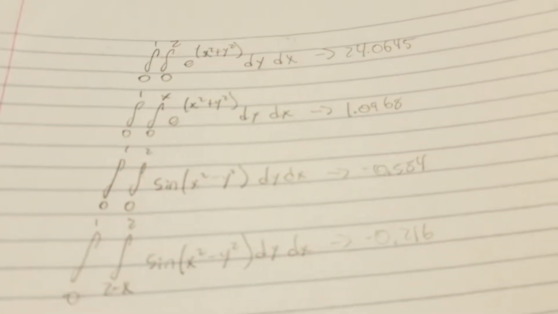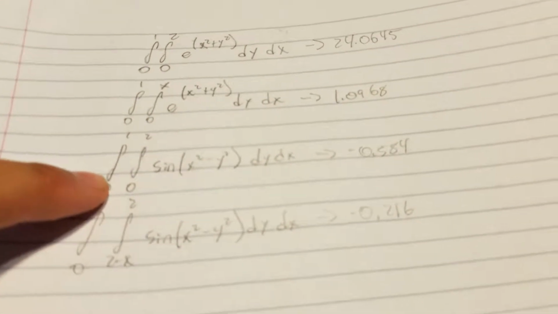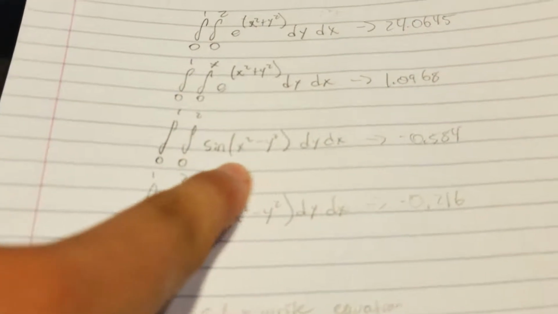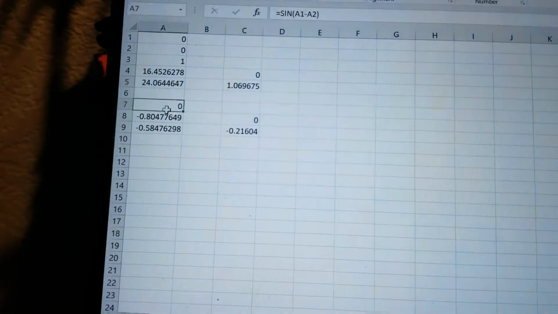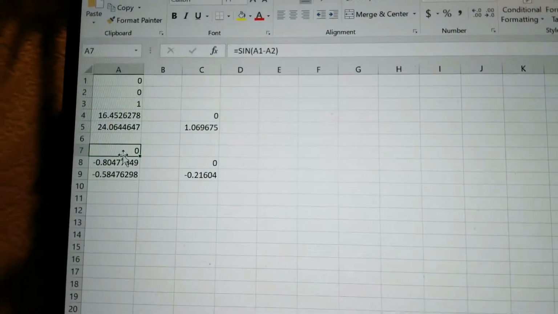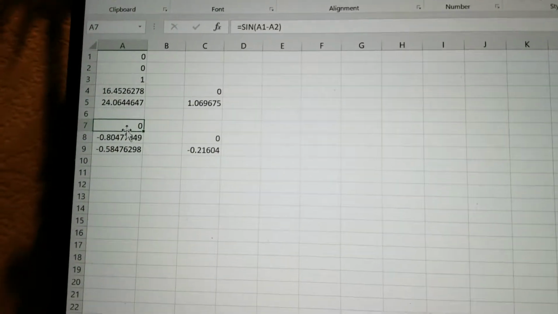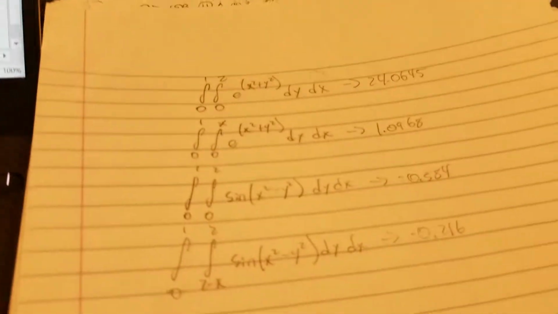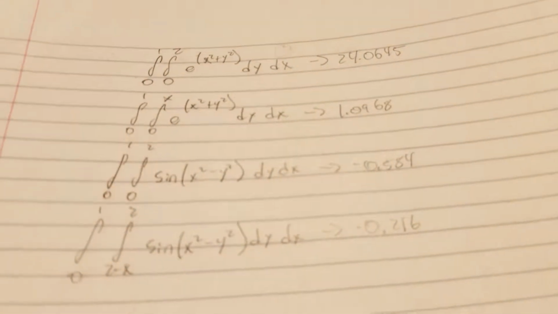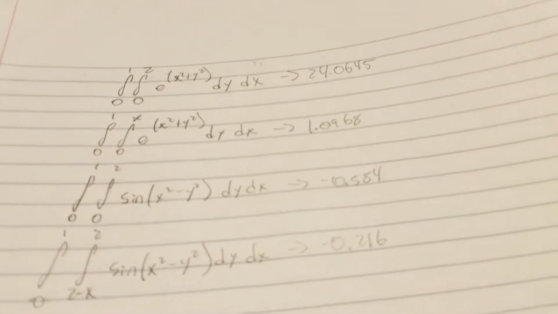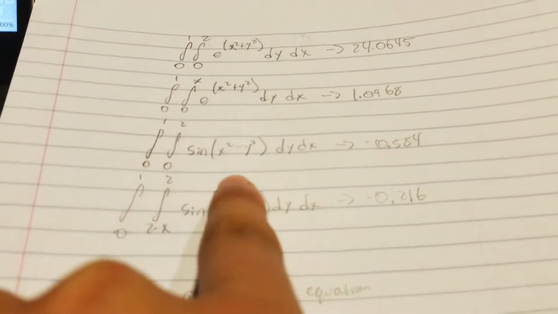And then for the second part, we did the third equation, and this is a whole new function. So I wrote that function in A7. So sine of A1 minus A2, which is sine of x squared minus y squared. And it was from 0 to 2 for the y part. So we did that over here.